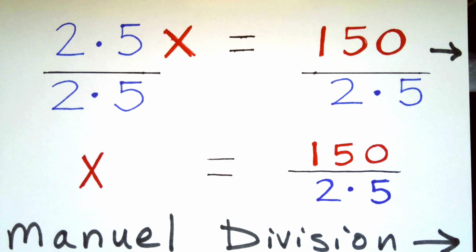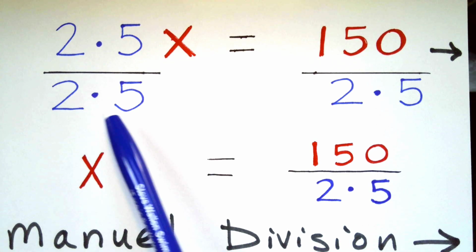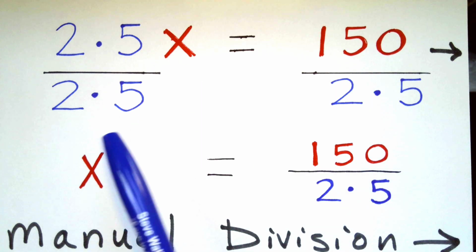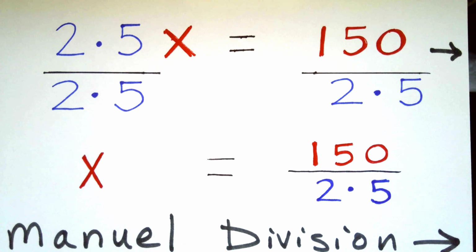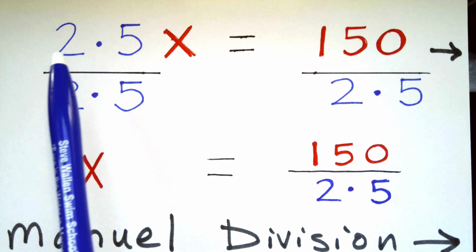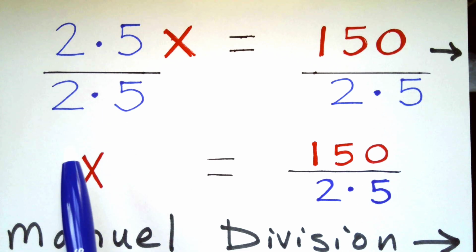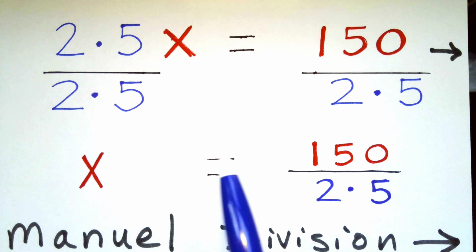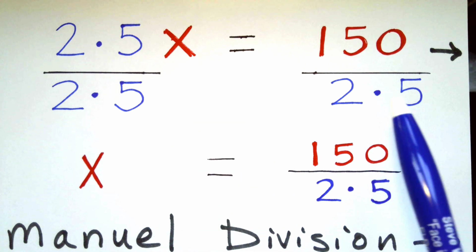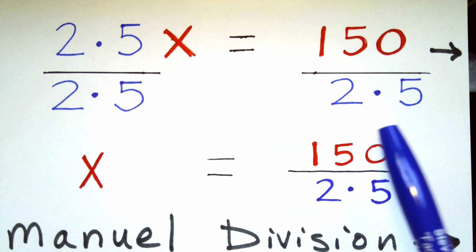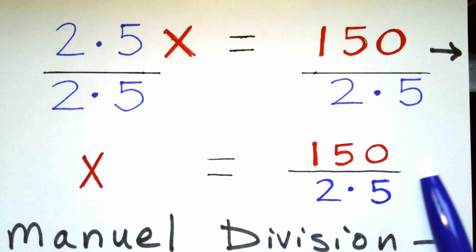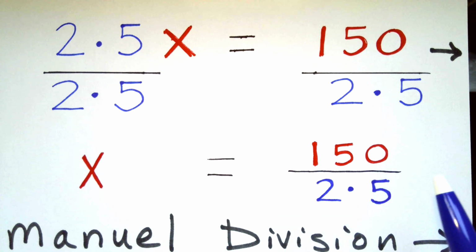If you said divide by 2.5 on both sides of the equal sign, you are absolutely correct. What's 2.5 over 2.5? It's 1. Anything over itself is 1. Equals 150 divided by 2.5. So x is going to equal 150 divided by 2.5.